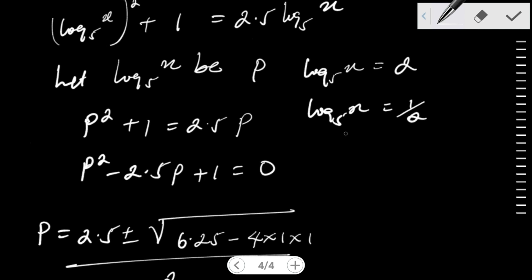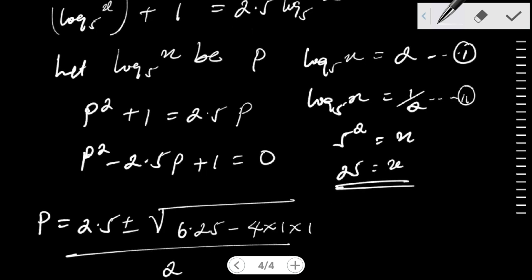We know that 5 to the power 2 would be equals to x, and therefore 25 would be equals to x.